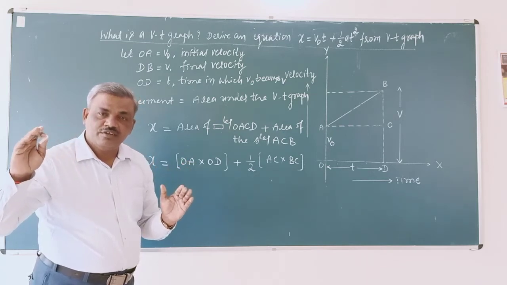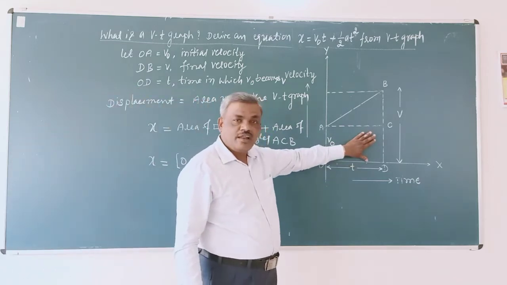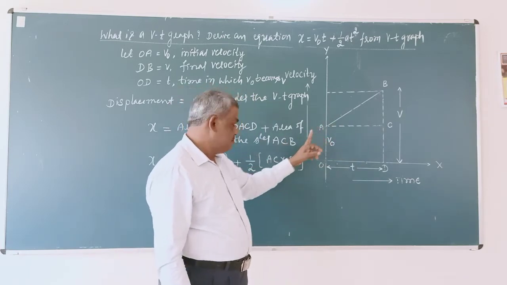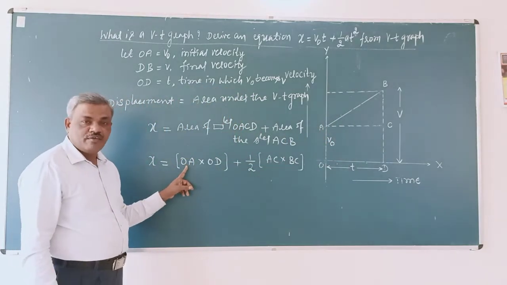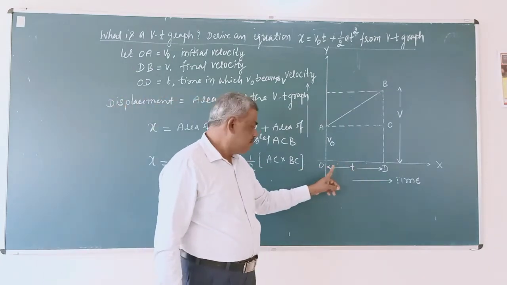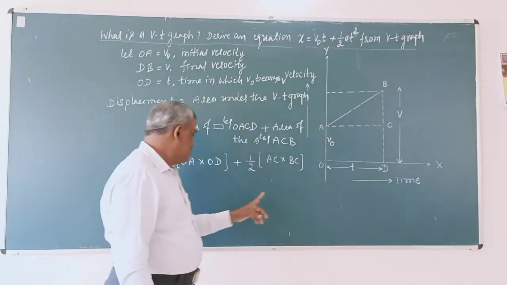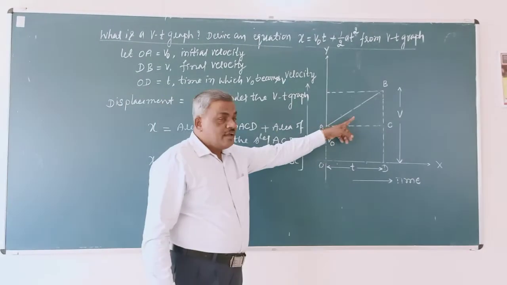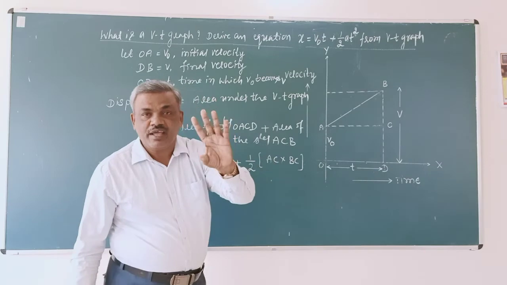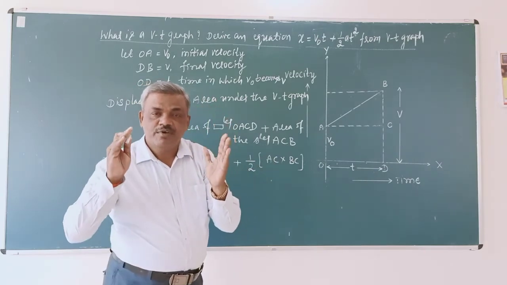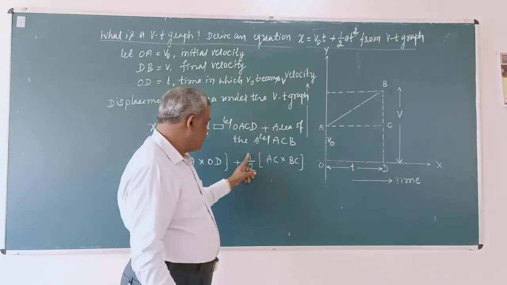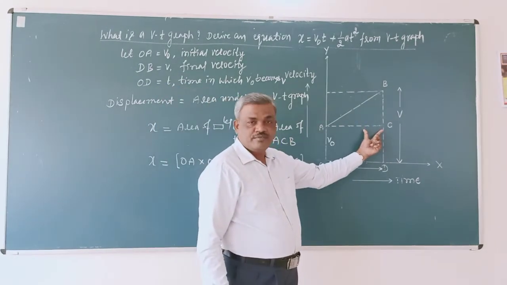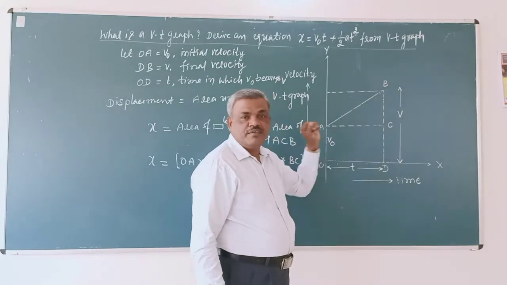How to calculate area of a rectangle? Area equals length into breadth. In this rectangle, what is the length? OA. So I mention here OA, into breadth. Breadth is OD. Plus the area of the triangle, 1 by 2 into base into height. The base is AC, the height is BC.